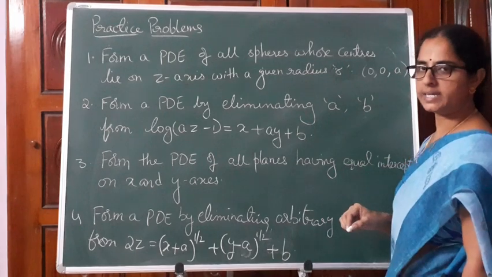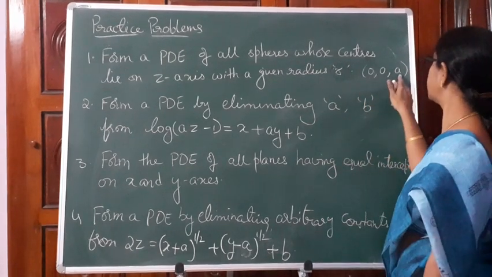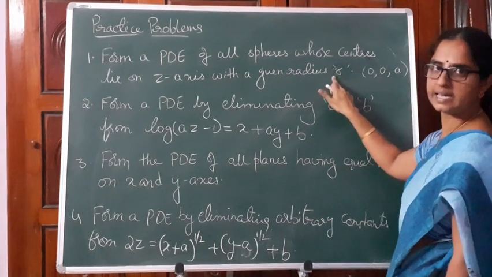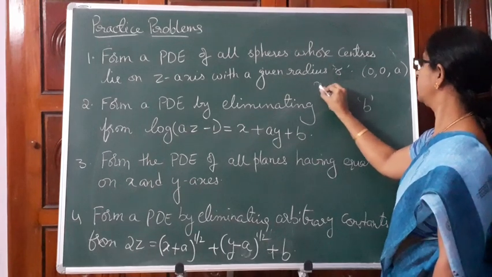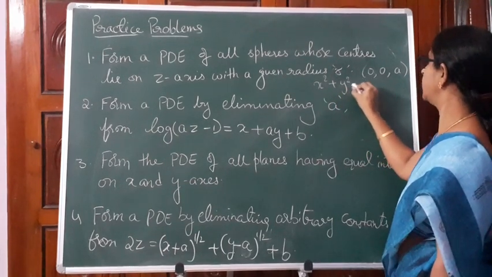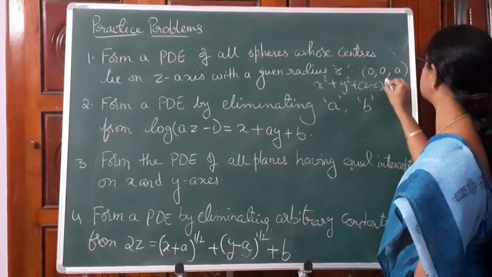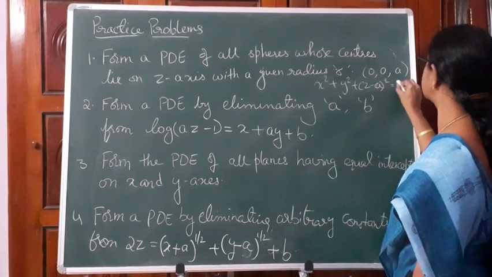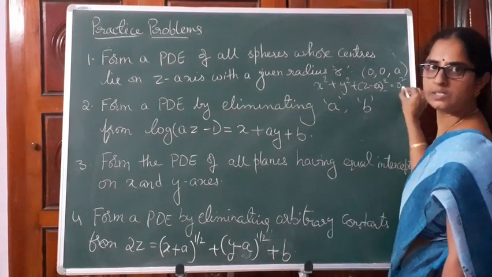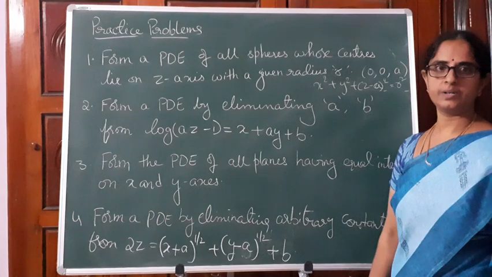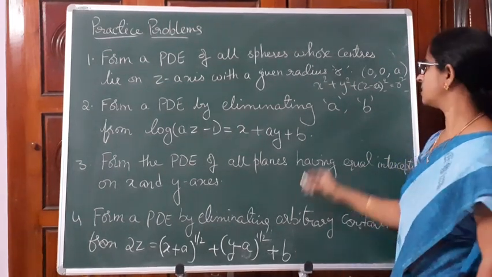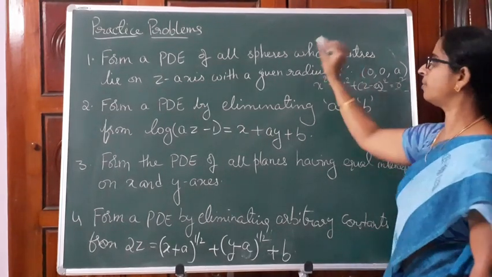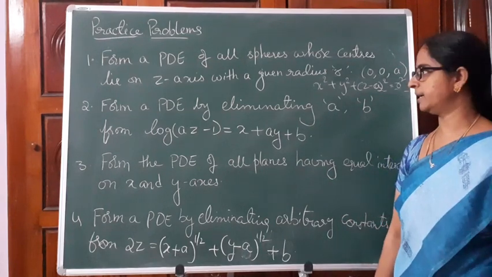The center is on z-axis, x coordinate and y coordinate is 0 and radius is given as r. So what is its equation? x square plus y square plus z minus a whole square is equal to r square. Here a and r are arbitrary constants. So eliminate a and r to form a partial differential equation, right?